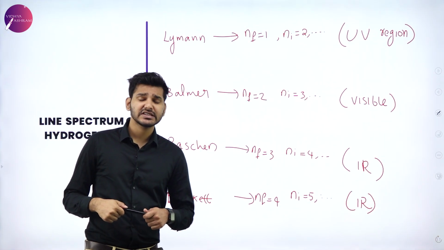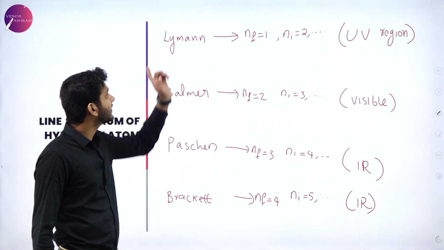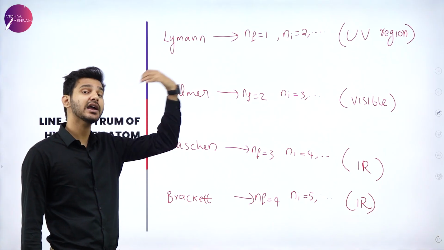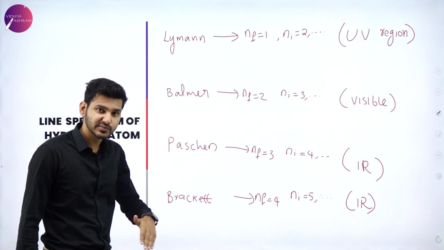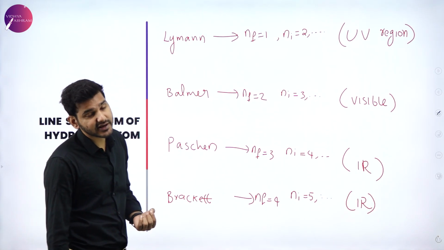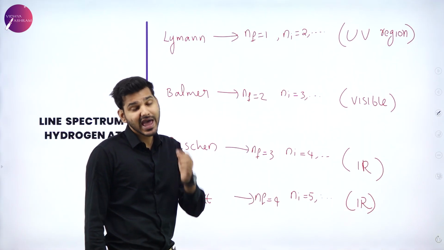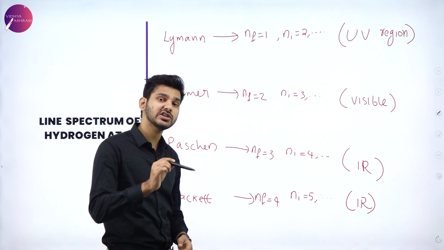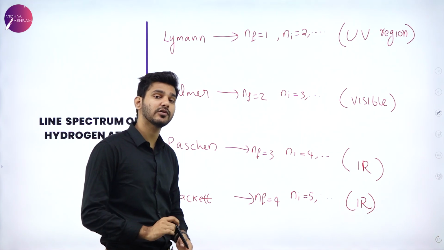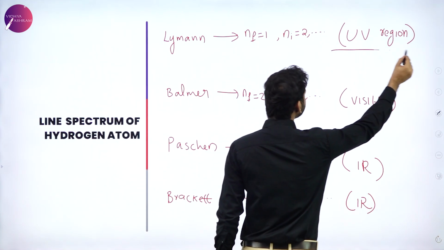Again, we can simply define that if the transition is from a higher energy state to the lowest one, which has final number 1, we can say it is in the Lyman series, and the energy of the emitted photon will be in the UV region.